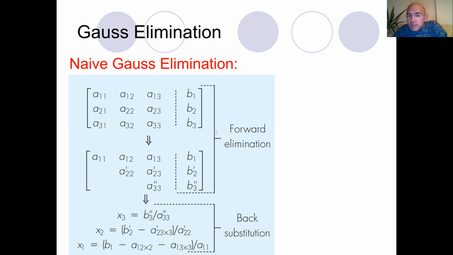Basically, you can normalize the equation. So what you do is very simple. You divide the whole equation by the largest coefficient. For example, let's choose one equation here.